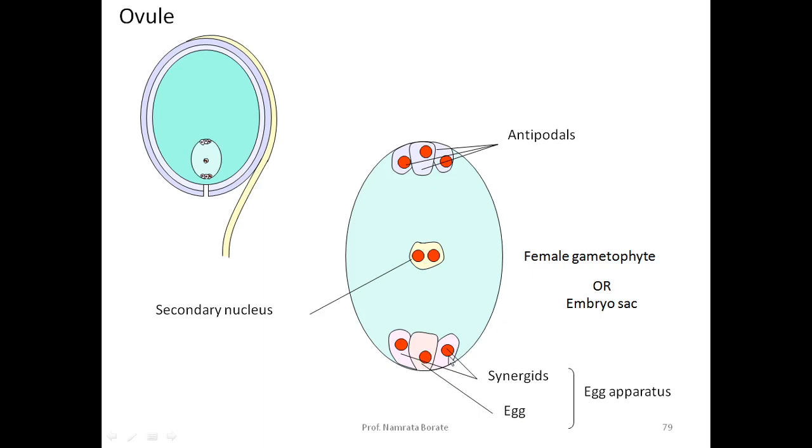The synergids show hair-like projections called the filiform apparatus, which guide the pollen tube towards the egg.